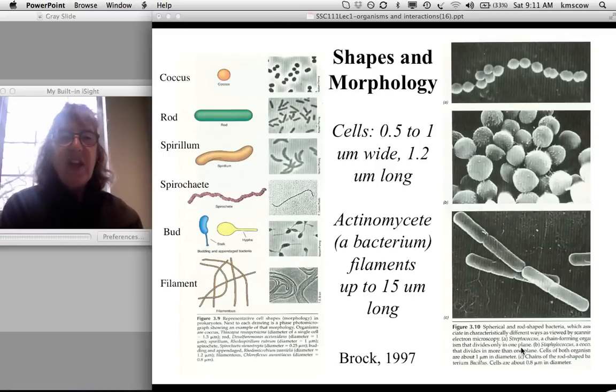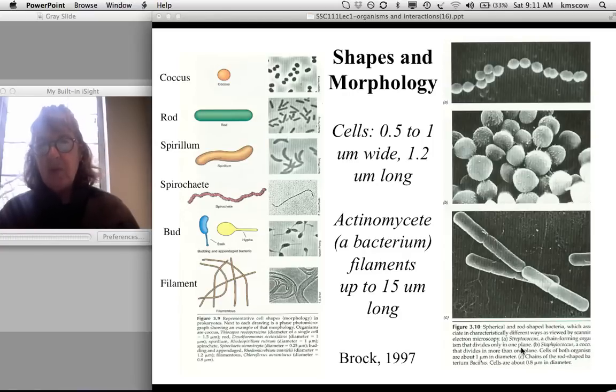So we have different shapes of organisms. I think bacteria are pretty boring. Coccus and rods dominate. Rule of thumb is a bacterial cell is about 1 micron wide. In soil, conditions are usually more extreme.